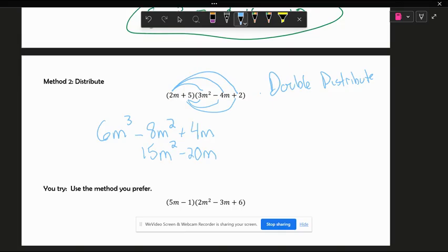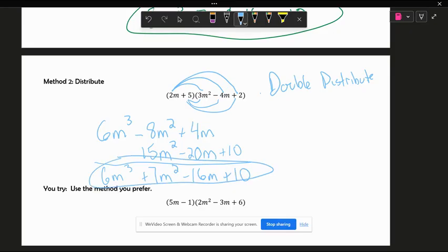And then lastly, we got 5 times 2, of course, that's just 10. And now, when you add down, we get the same answer that we got in the other method. And if there's a third method or a fourth method you can think of, go for it.